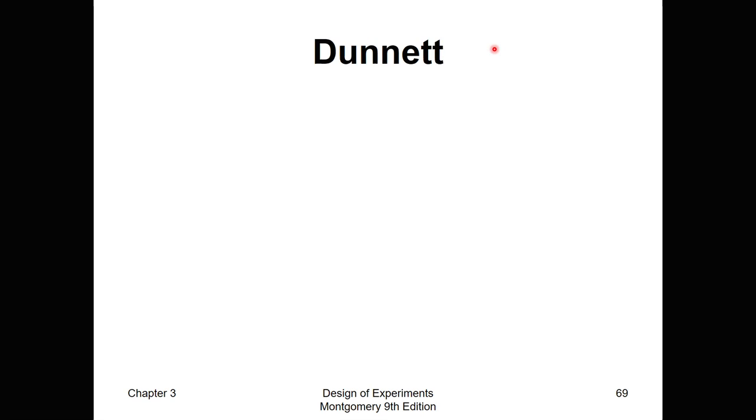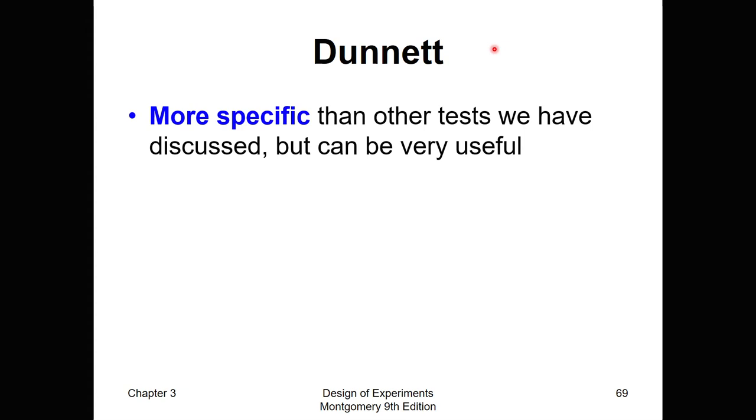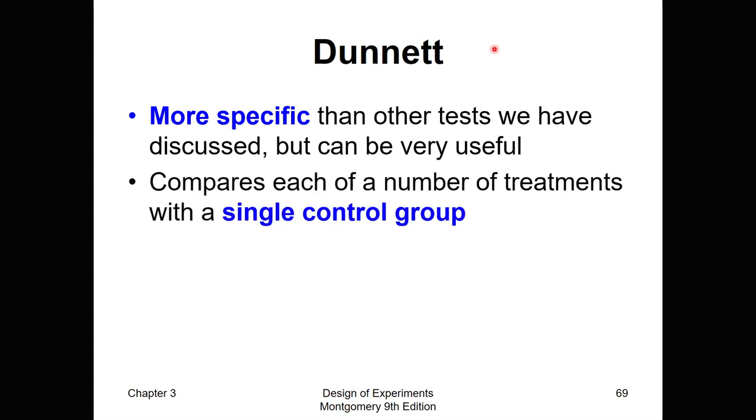All right, Dunnett's. Dunnett's is a little more specific than the other tests that we've discussed, but when it's useful, it can be very useful. Dunnett's is for a very specific experimental design setup, and that is when I have a control group and a variety of treatments. What I'm trying to study is not which treatment is the best, but which of the treatments work.